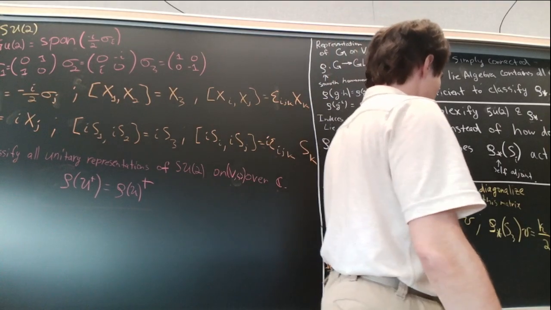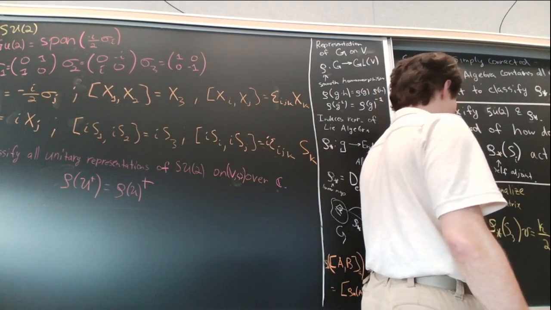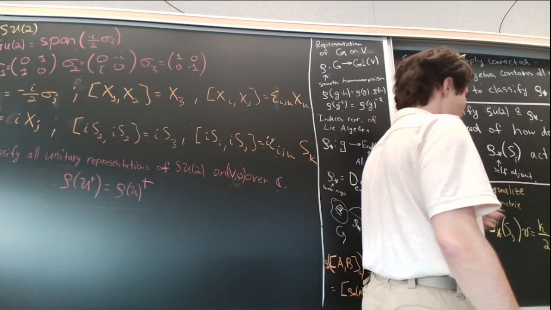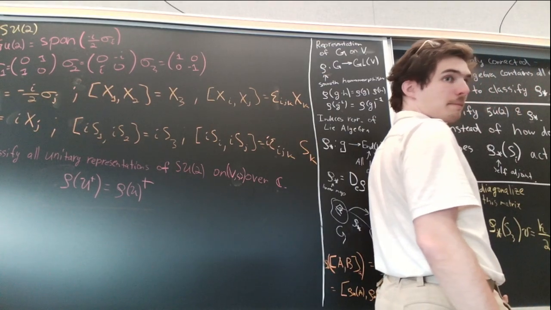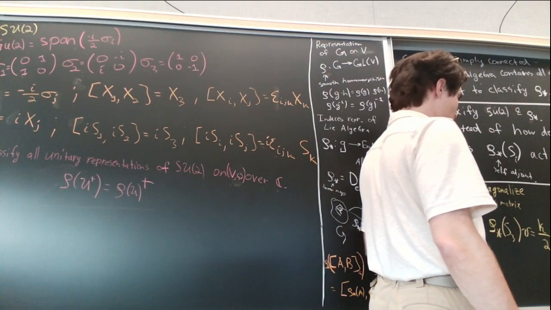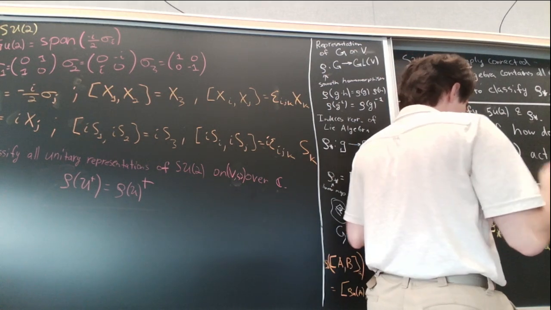Okay, so suppose v is an eigenvector of rho star S3 with eigenvalue k over 2, that is, rho star S3 of v equals k over 2 times v. This is nothing fancy.